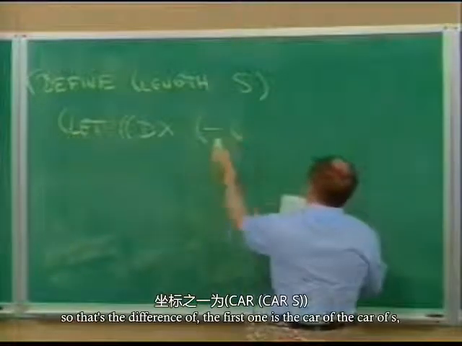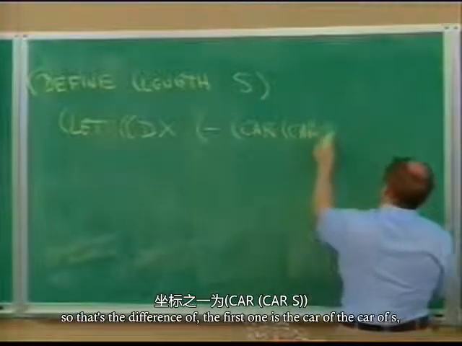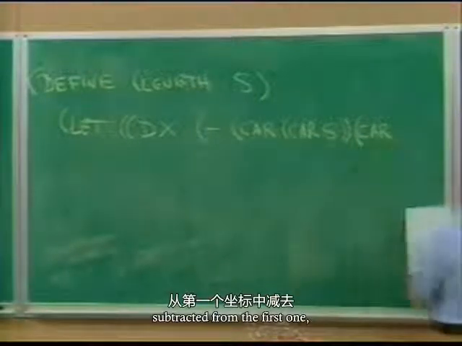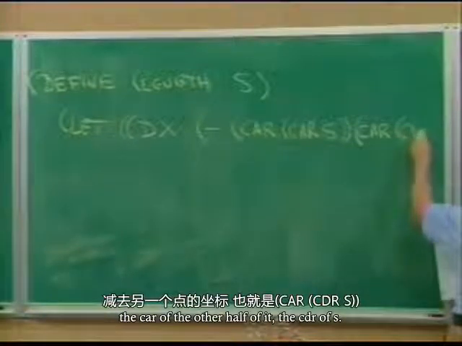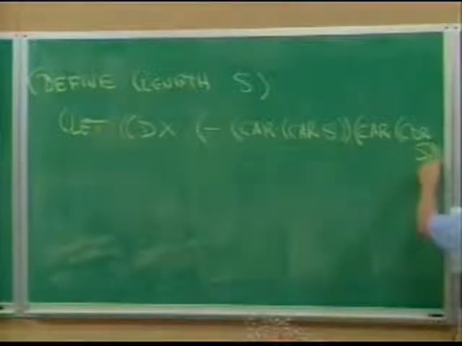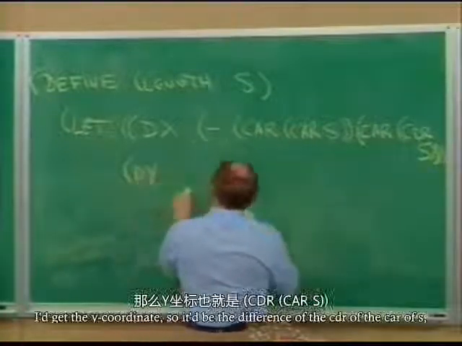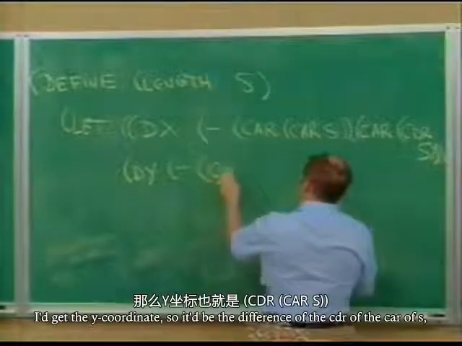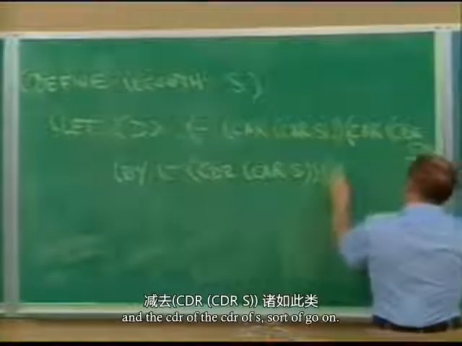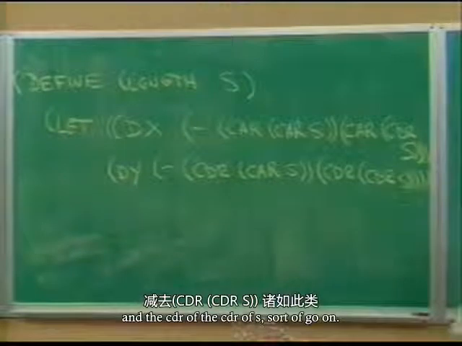So that's the difference of the first one, the car of S, subtracted from the x of the other half of it, the coulter of S. Right, and then dy would be, let's see, I'd get the y coordinate, so it'd be the difference of the coulter of the car of S and the coulter of S, and so on.